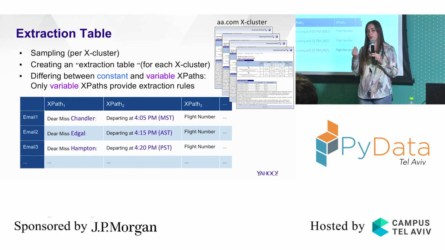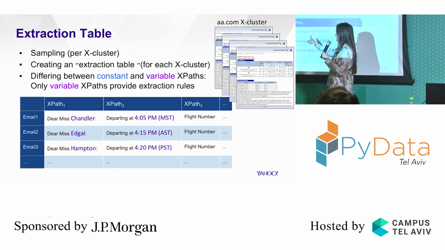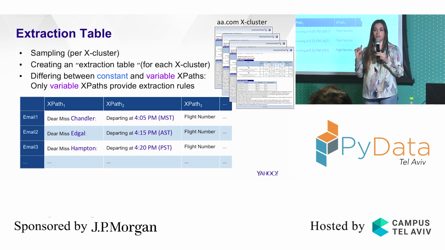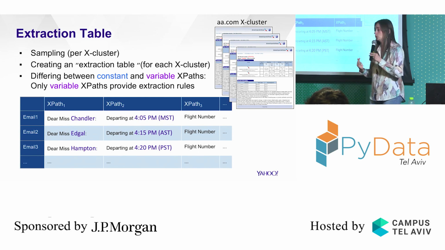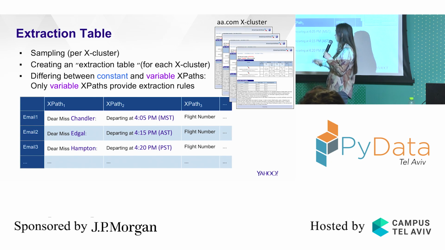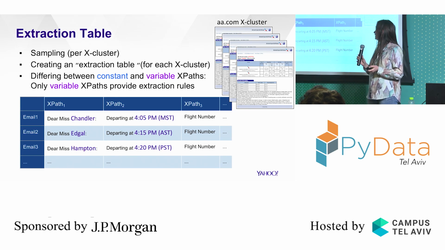It's not interesting to extract, it's the same for all the users. It's not something personal. And the first and the second XPaths are variable. They contain information that is different from one sample to another. That is why we will want to generate an extraction rule for XPath 1 and an extraction rule for XPath 2.